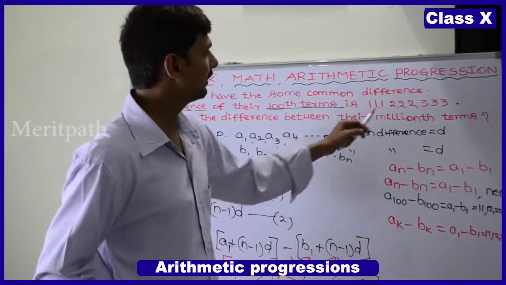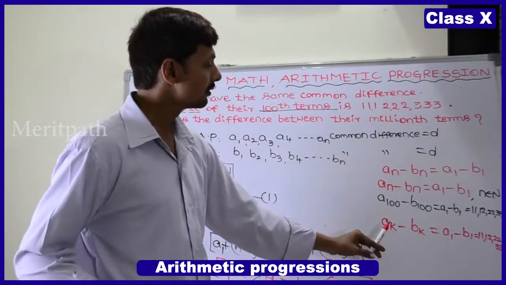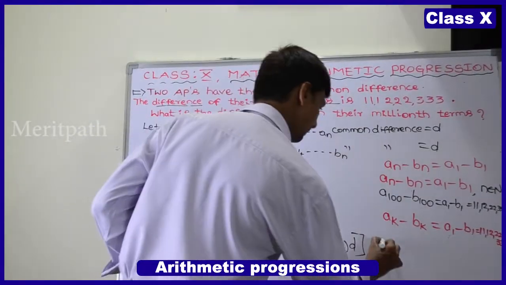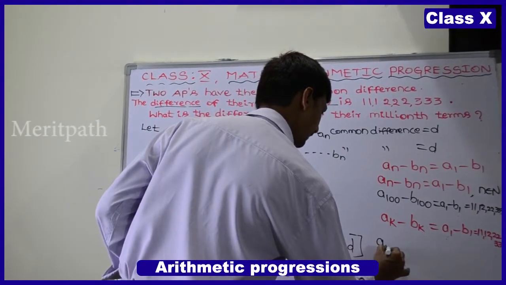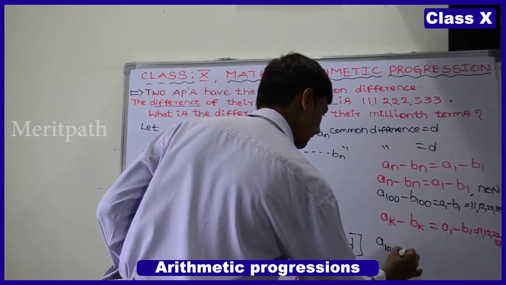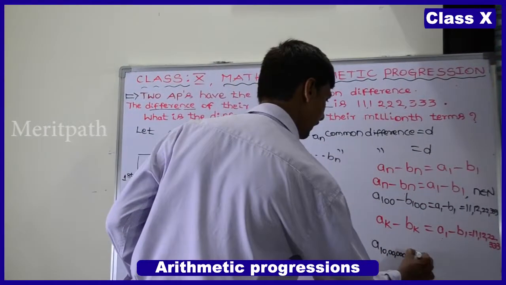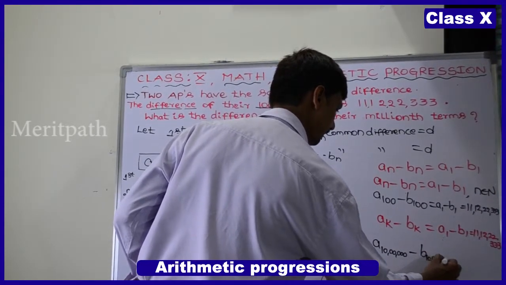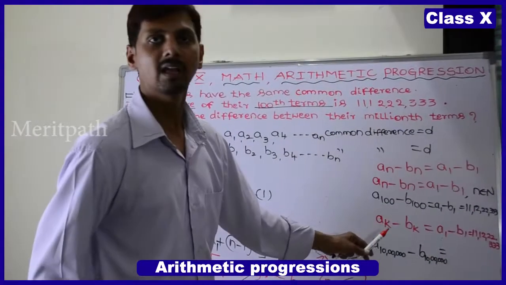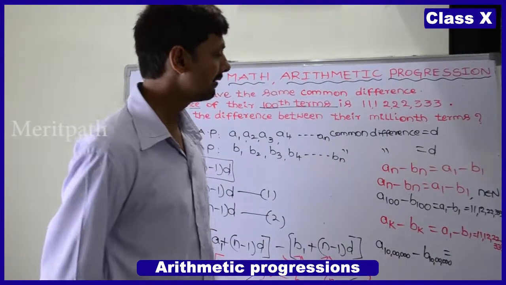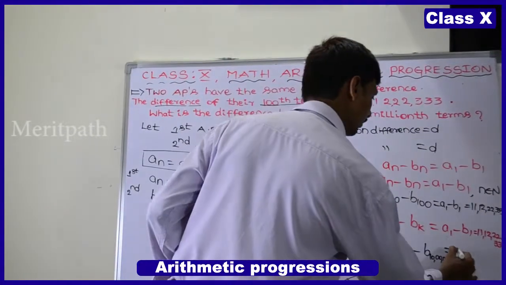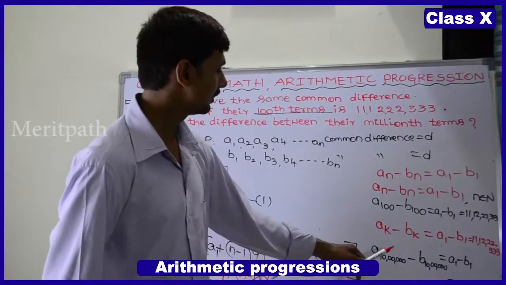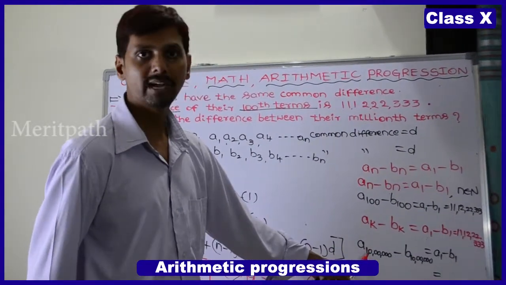Now we need to find out the difference between their millionth terms. If in the place of k we take 10 lakhs, then we'll also be getting a1 minus b1, because 10 lakhs is also a natural number.